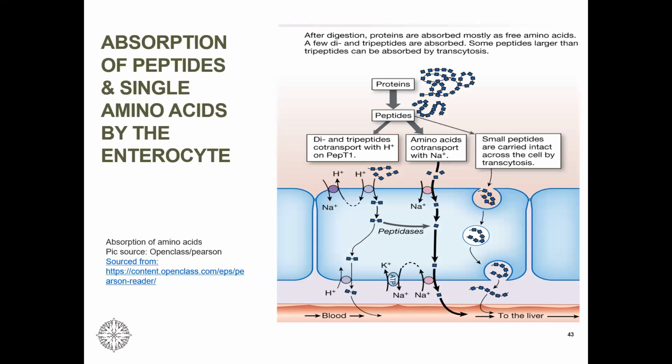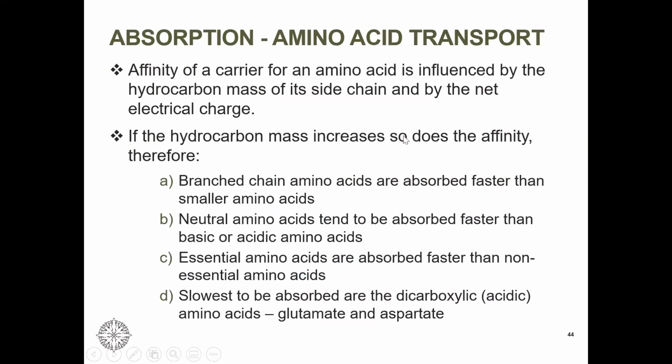So what's happening is there are two things happening here. When we are consuming protein shakes, and if you look at their label, mostly they are made up of individual amino acids. So we are not consuming it as a food. If I'm consuming a chicken, it is coming in the form of a protein.